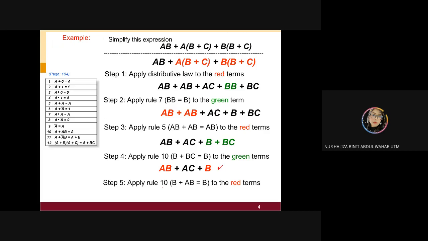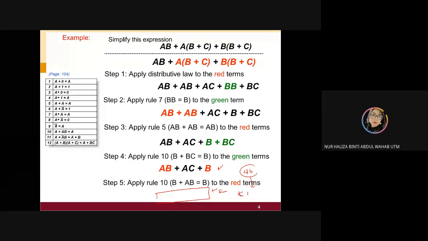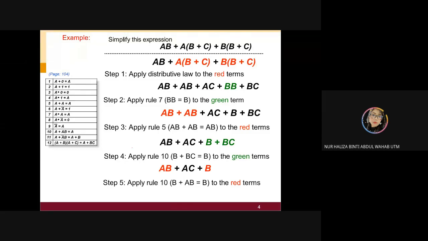Sometimes you don't know what the answer for the simplified version is. That's why in your module 4B, you're going to look into Karnaugh maps, but that's after we learn SOP and POS. So rule number 10 is applied, then you will get this simplified version.